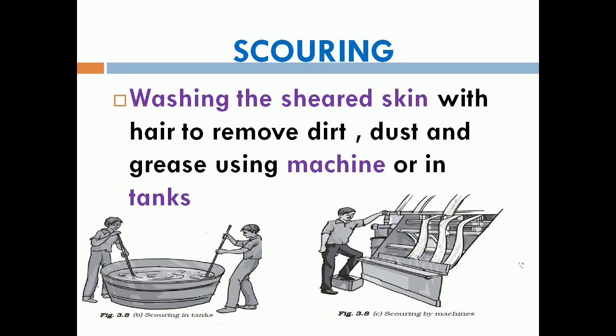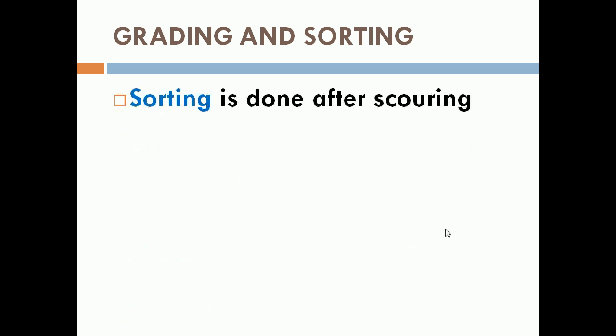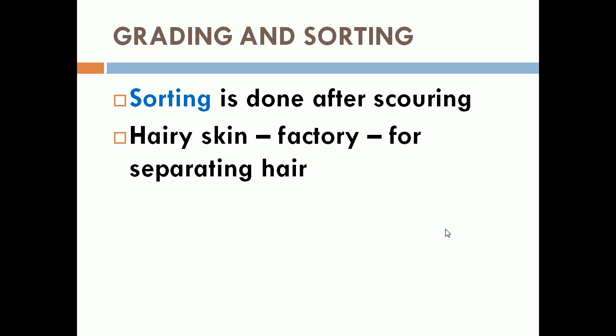The third step of wool production is grading and sorting. Sorting is done after scoring. The hairy skin after washing is sent to a factory for separating the hair.